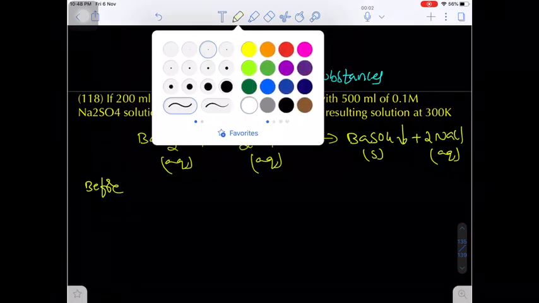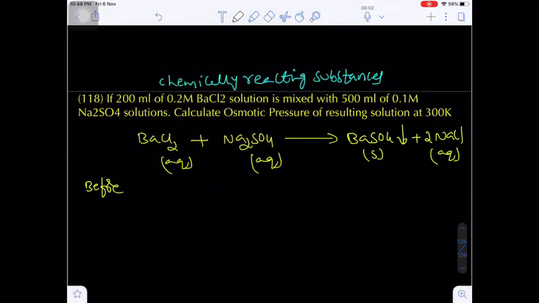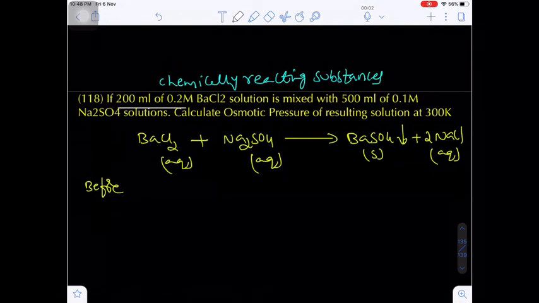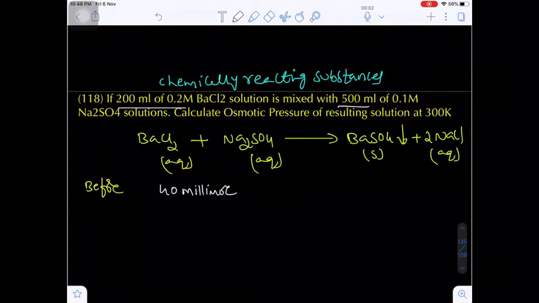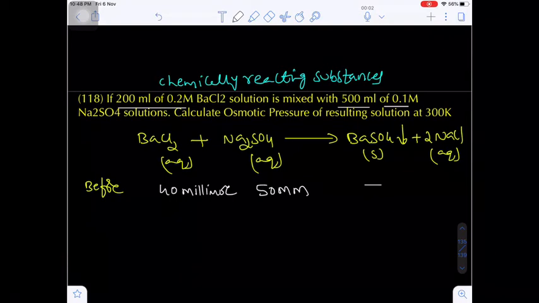Now before reaction, after reaction. Before reaction, how many millimoles of barium chloride? 200 into 0.2, that means 40 millimole. And sodium sulfate will be 500 into 0.1, that is 50 millimole before reaction.